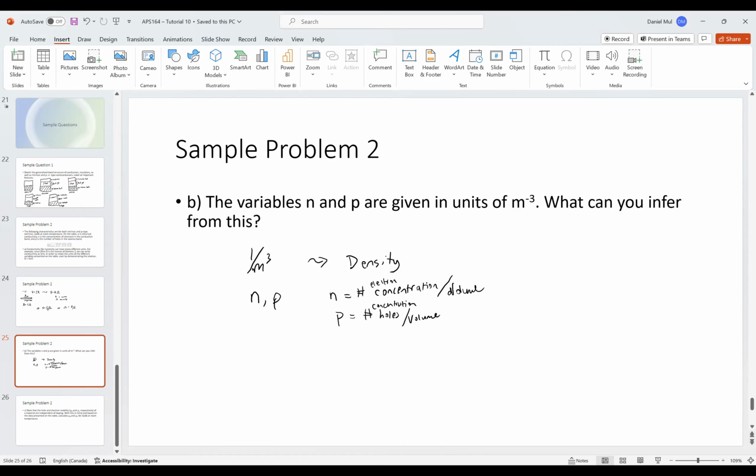So what that's telling us are concentrations to the number of electrons and holes in the conduction and valence bands.